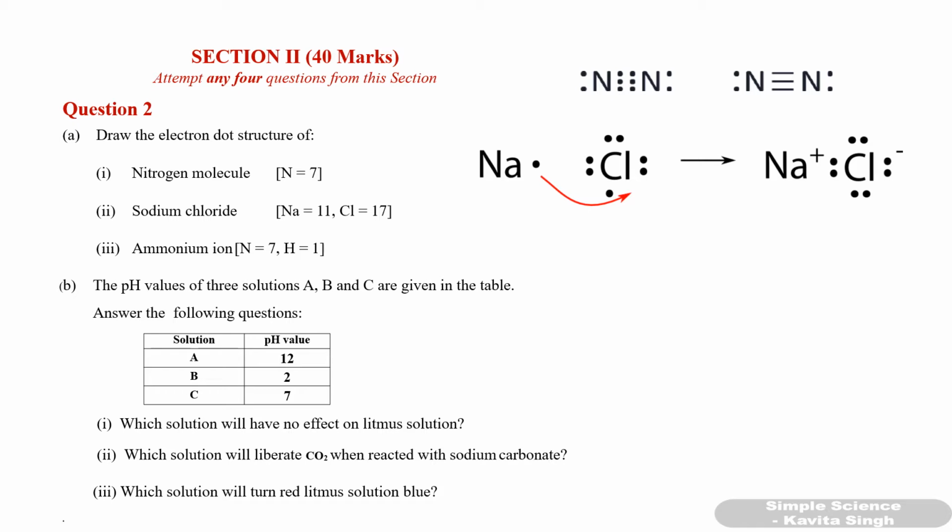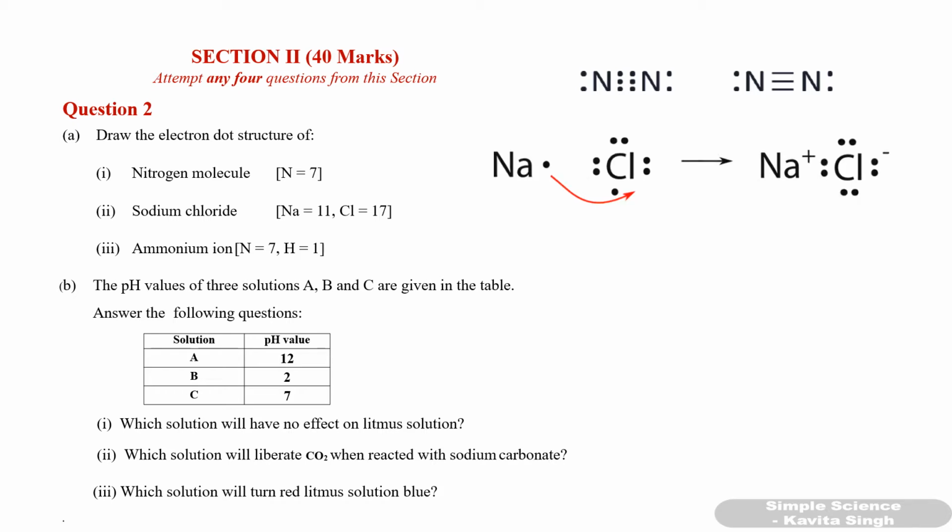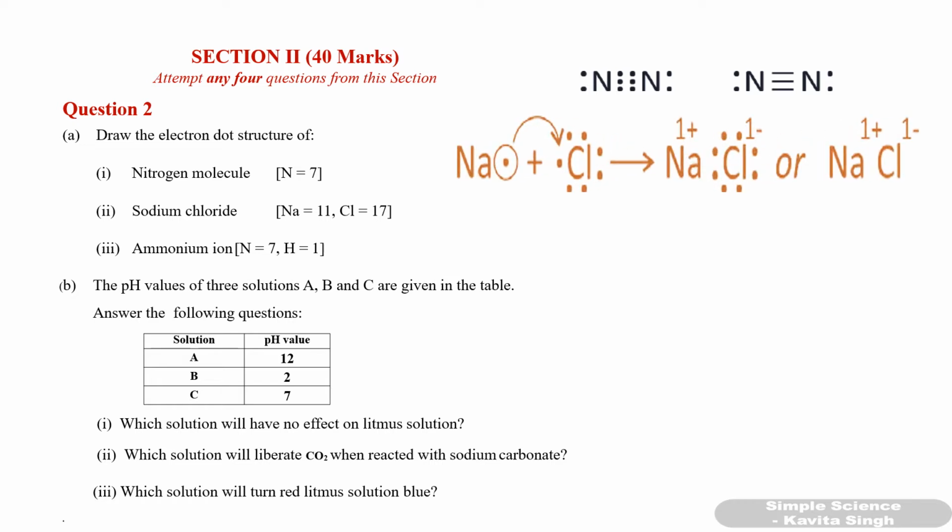Second one, sodium chloride. Sodium has 1 electron in the outermost shell. Chlorine has 1 less electron to complete its octet. So sodium will give its 1 electron and become Na+, and chlorine will accept that electron and become Cl-. So this is the answer. You have to draw the structure like this, electron dot structure or Lewis structure.